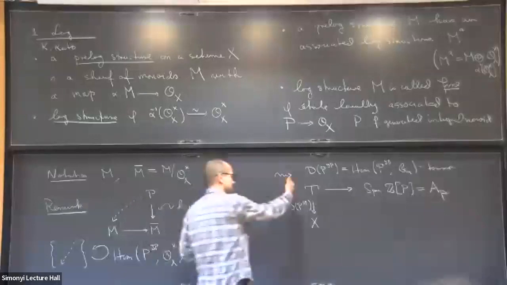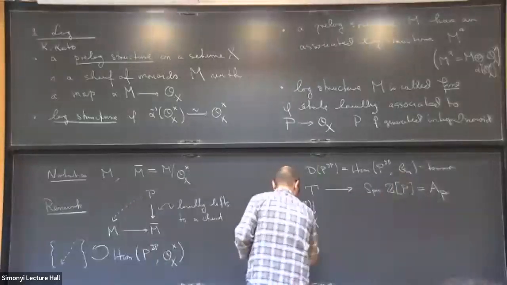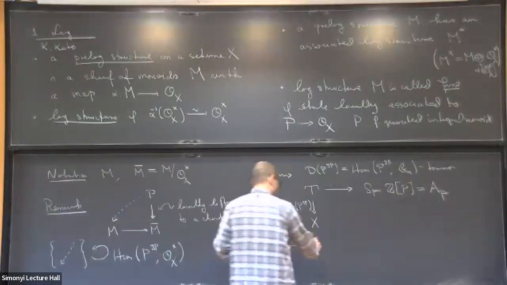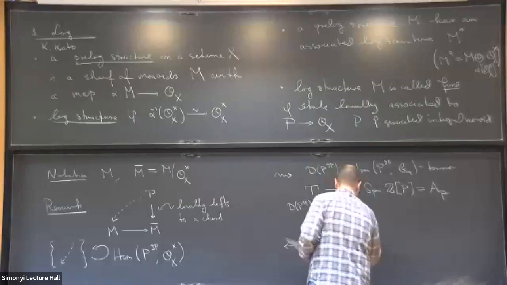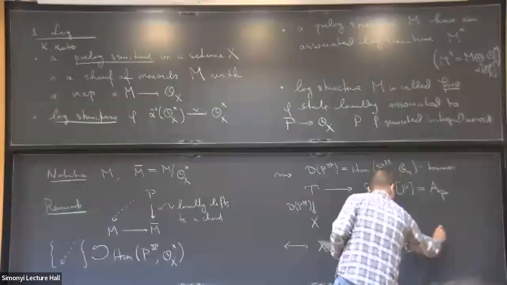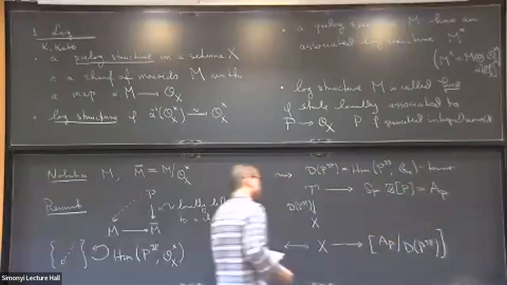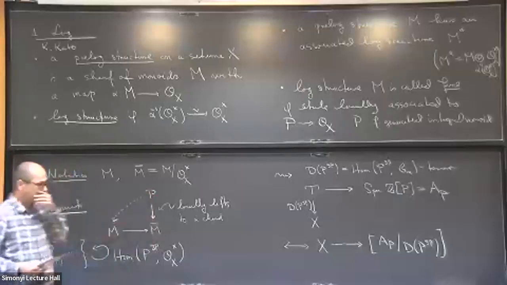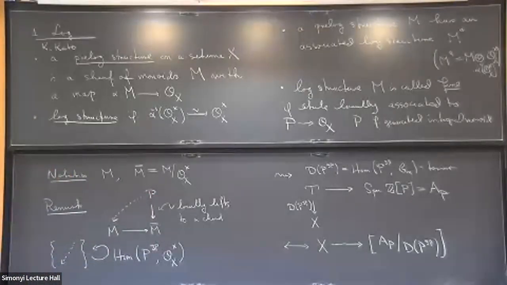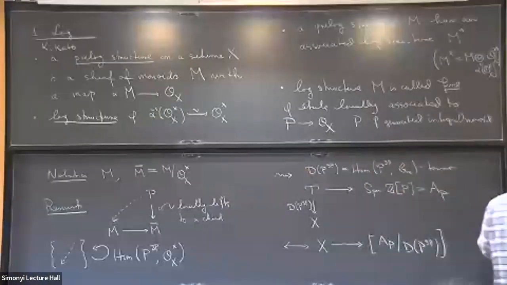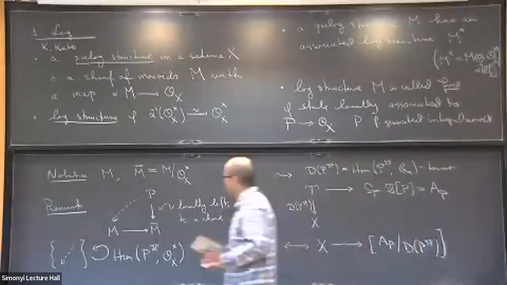Giving a torsor and an equivariant map is equivalent to giving a map from X to the stack quotient. And in fact, you can show that the stack classifies, you can view it as the moduli stack of log structures together with a map like this.